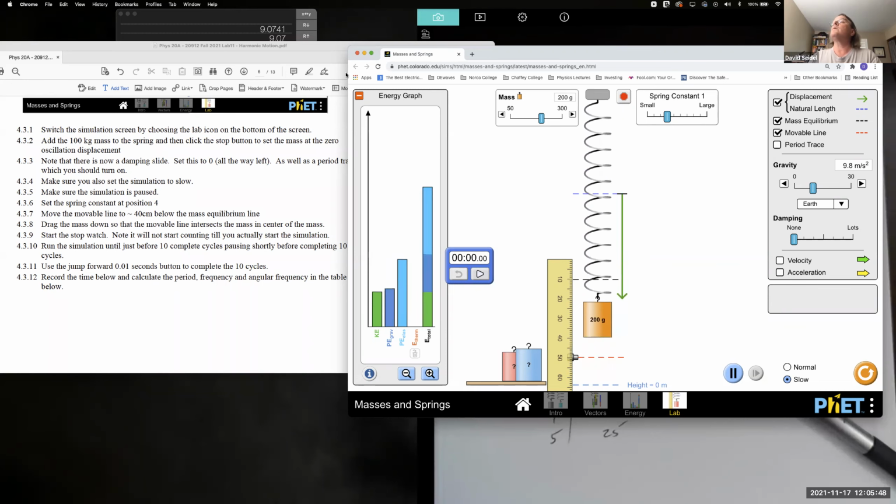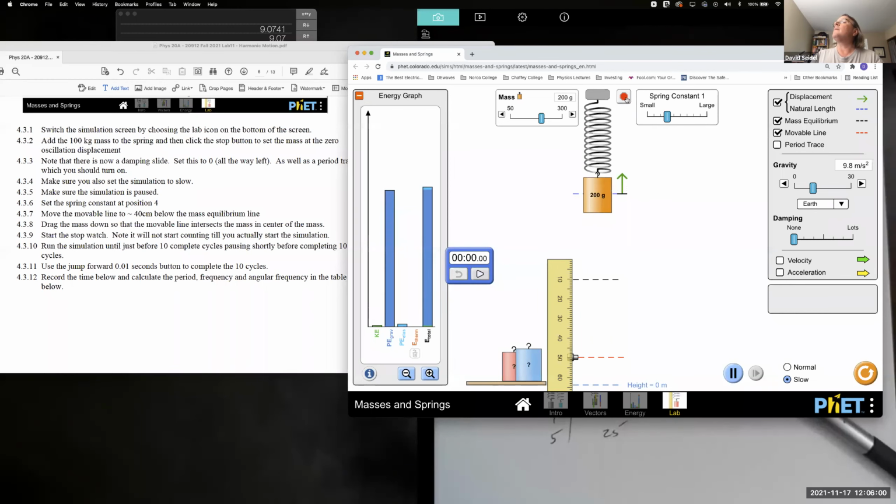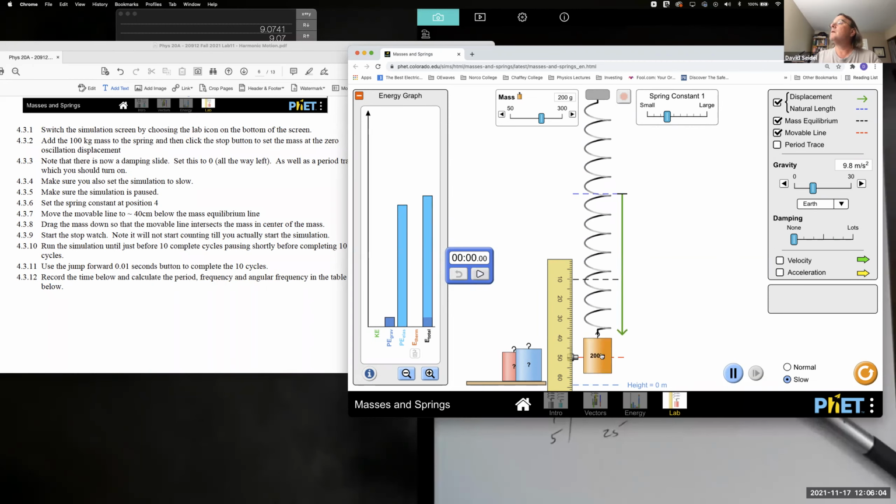Move below the mass equilibrium line. Drag the mass so the movable line intersects the mass in the center of the mass. So I'm going to hit stop. And there's my 40 below. Now that distance here doesn't matter all that much.